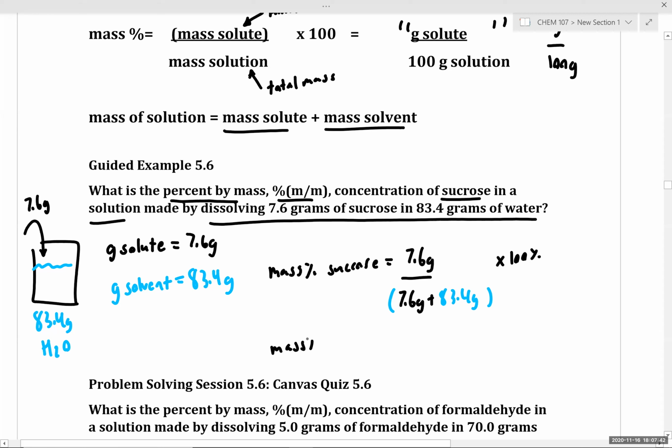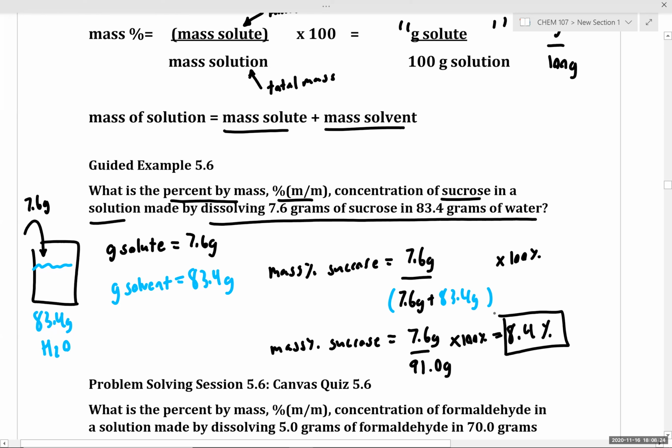Now, punching this into our calculator, for our mass percentage of sucrose, we have 7.6 divided by, in this case, this simplifies to 7.6 grams divided by 91.0 grams times 100%, which gives us, following the sig fig rule, since we only have 2 sig figs, 8.4%.